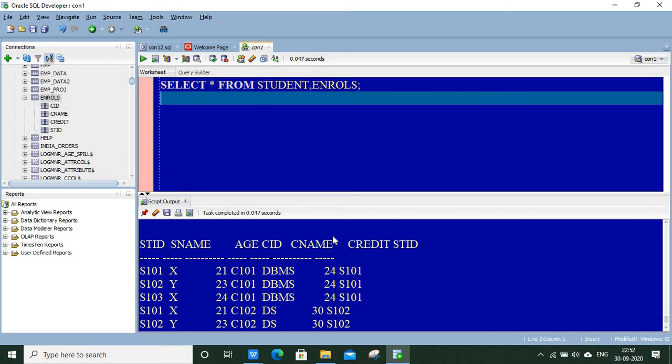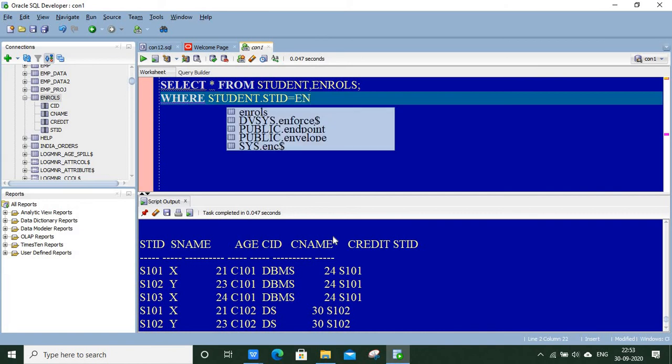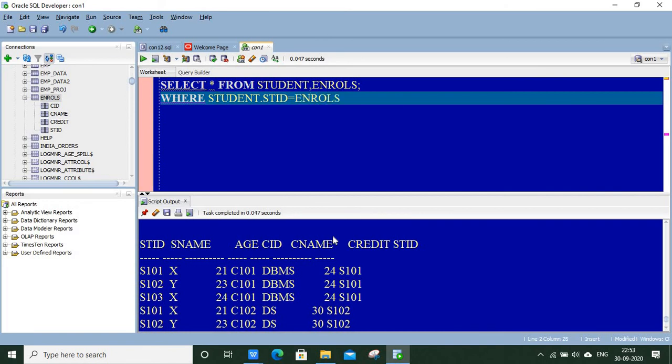Now if we have to apply conditions in any of the joins, we will take help of the where clause. So we will put a condition here, through where student dot ID is equal to enrolls dot ID, and let us see what it will give us.